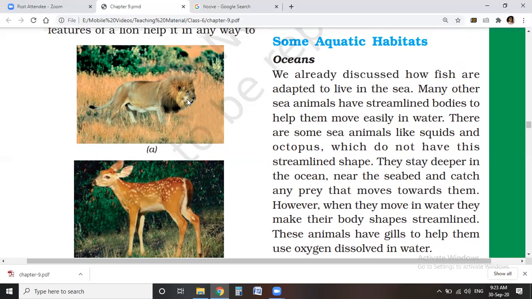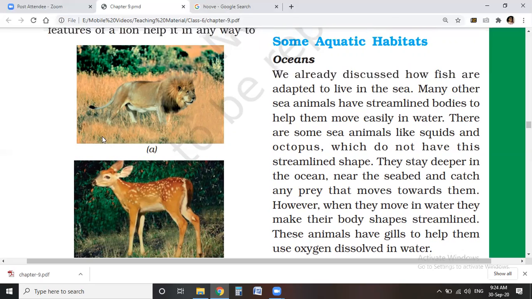But the deer has eyes on both sides. Why? Because this characteristic protects it from the predator. Predator means the lion, tiger, or any other animal which hunts the deer or other animals. Predators kill and eat animals, and these animals are called prey.